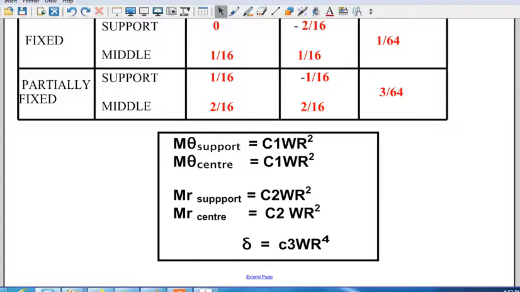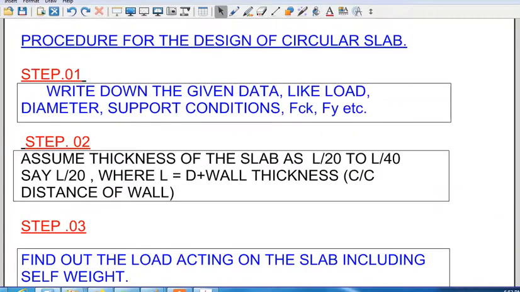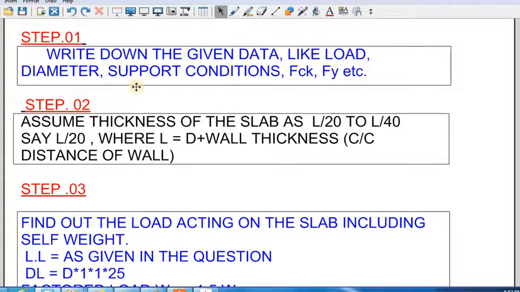Now let us go through the design procedure, because our aim is to design a circular slab. For the first step, as usual, write down all the data and understand the support conditions. That is important.